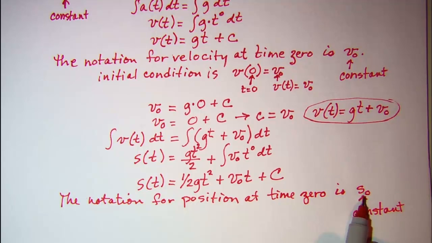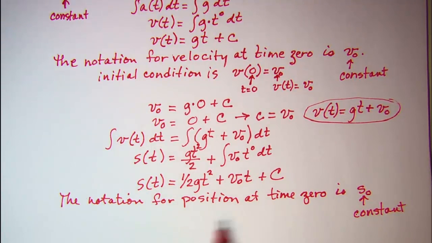For example, if you started 10 feet above ground level, then s sub 0 would be 10. So this is your position at time 0 where you start.